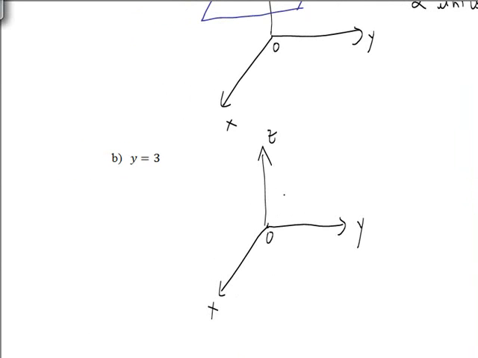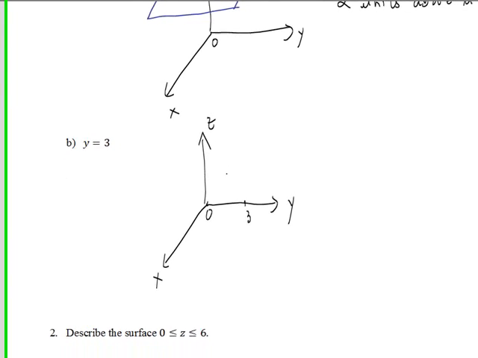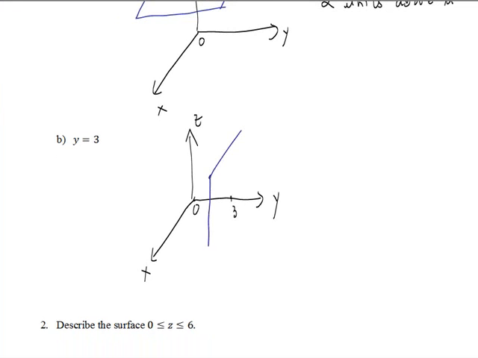And so what are you going to draw? The only fixed coordinate is 3. So you look for 3 on the y-axis and draw a plane through 3. So maybe something like this.